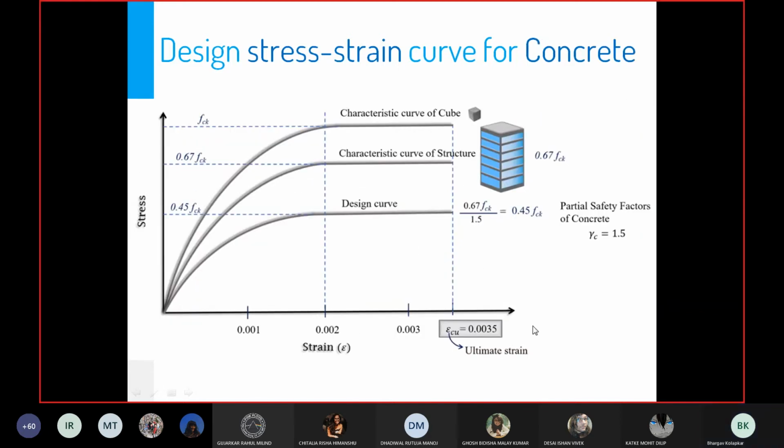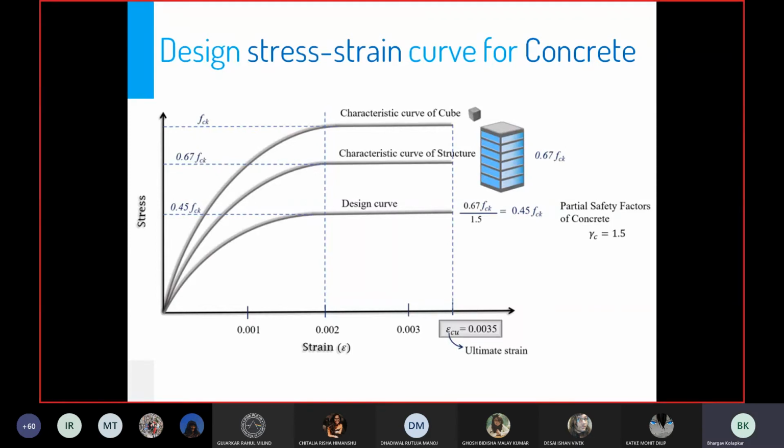Now, the question is, suppose you test a concrete block, you get a certain curve, that's fine. Do you expect concrete to behave in the same way when it is used in a member that is quite large as compared to the concrete block and that is subjected to a very different type of stress?